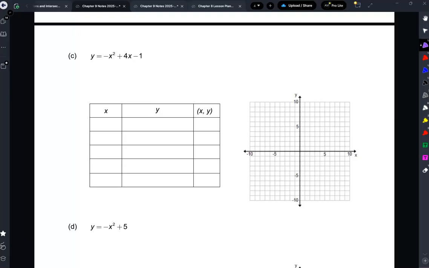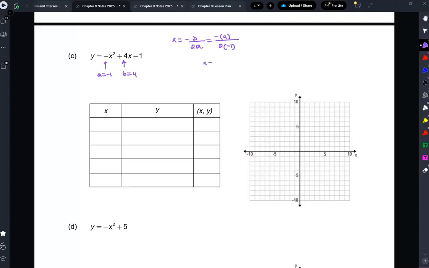Okay. All right. So here we go. What's A here? 1. Close? Huh? Negative 1. What's B then? 4. Okay. So X is negative B over 2A. So negative 4 over 2, negative 1.